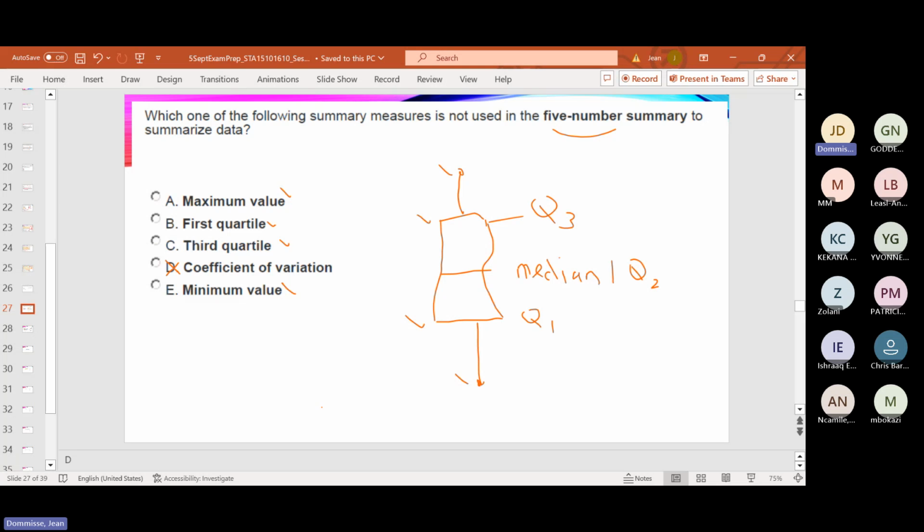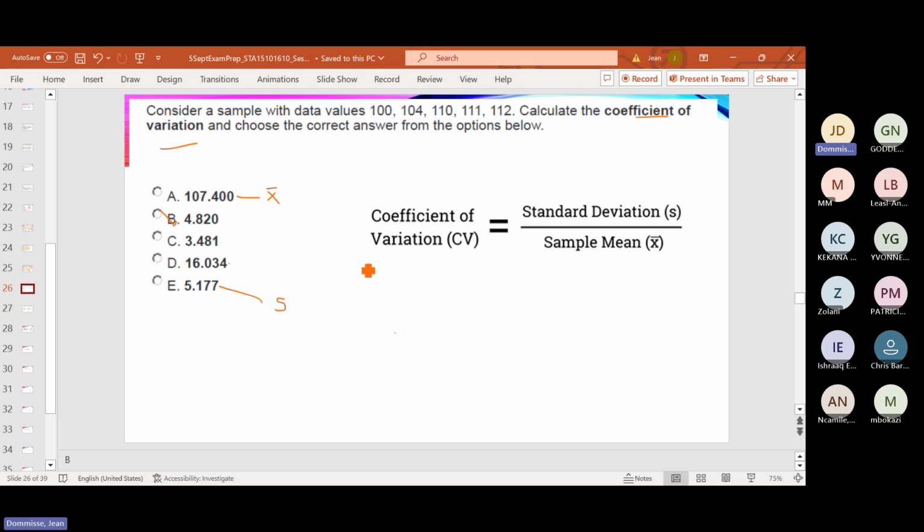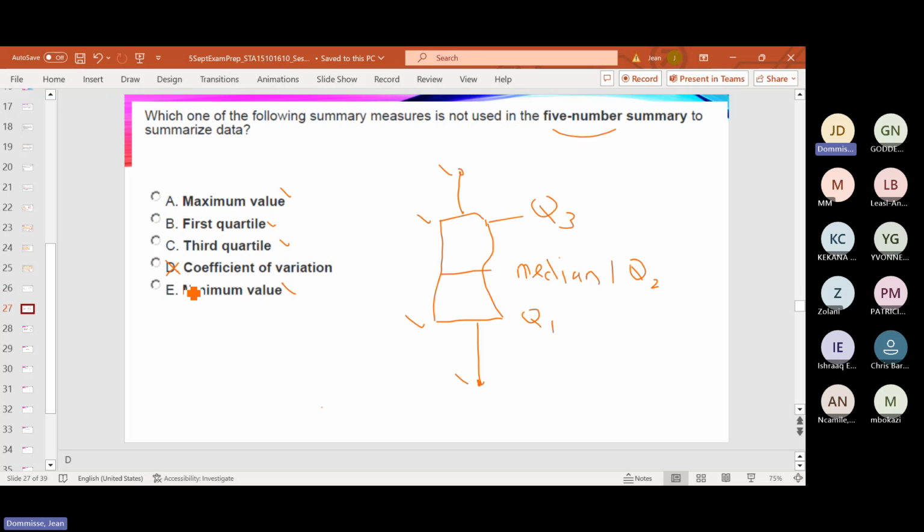But again, how easy one can make a mistake, because you have just done coefficient of variation in the previous question. So it might be that it triggers you to look only for that. So again, be careful, because it might just be that they want to try to catch you out.